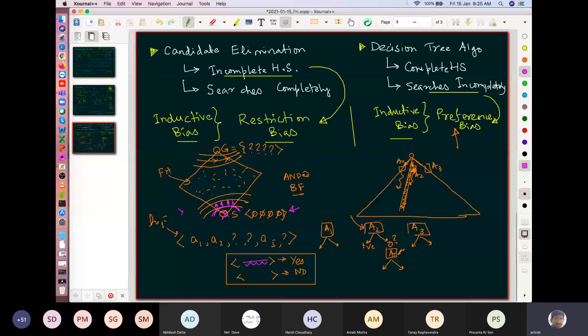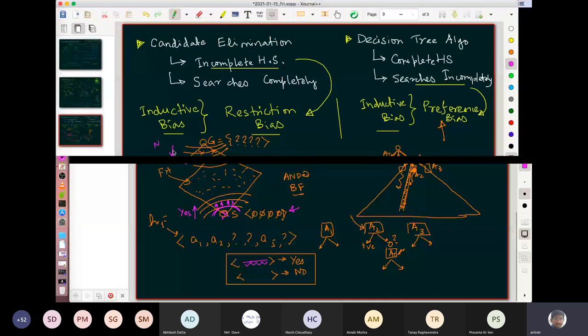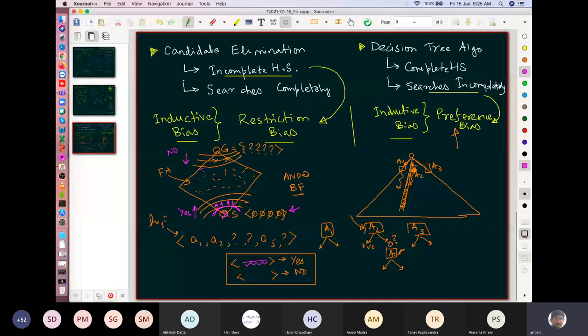So for a yes example, you shift the specific boundary a little bit. For a no example, in a similar way, you shift the general boundary a little bit. Finally, you reach a point where these are satisfying every training data you have. That is satisfying, meaning that the hypothesis that you give, if you fit it to the training data, will say yes or no depending on every hypothesis you have in this space.